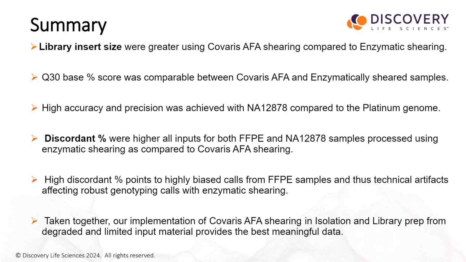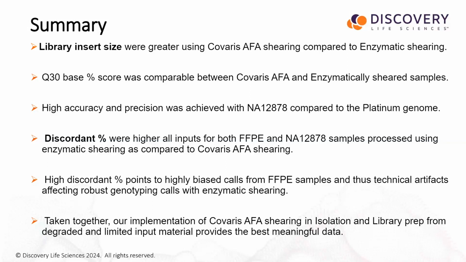We do not have to optimize or tweak our protocol or change our methodology for different sources of DNA or different extracted material or elution buffer. Covaris methodology is very much adaptable to any of those variables.